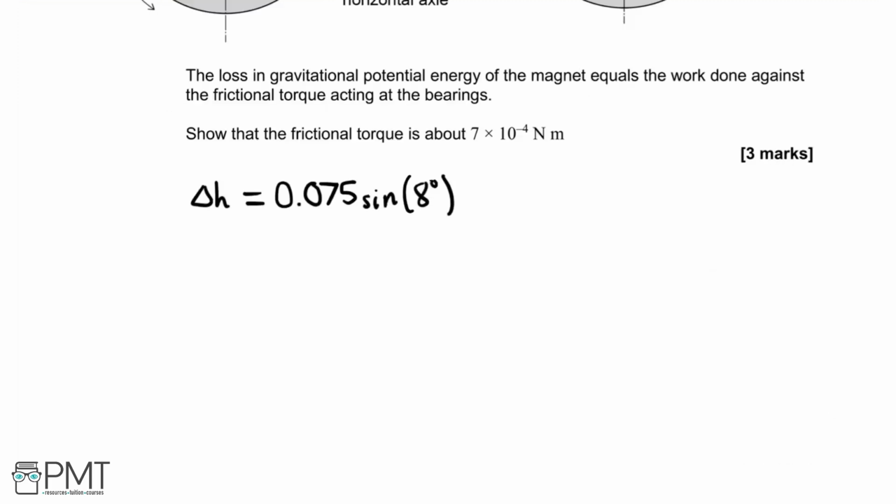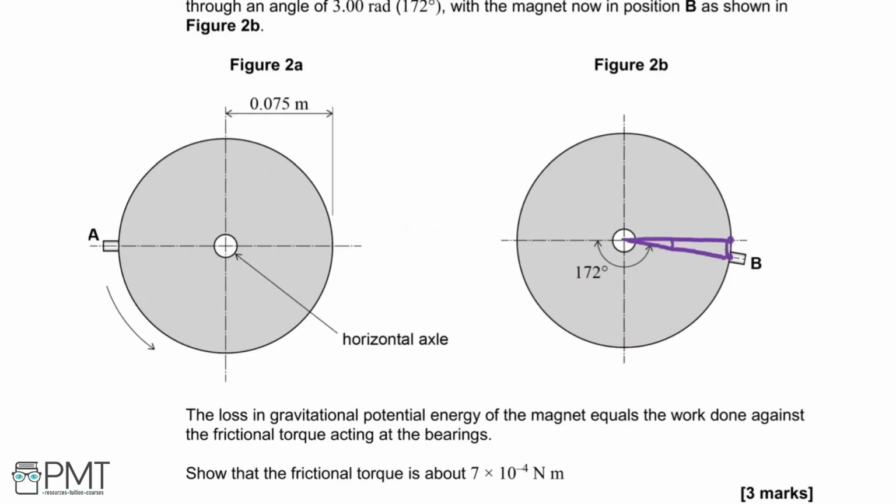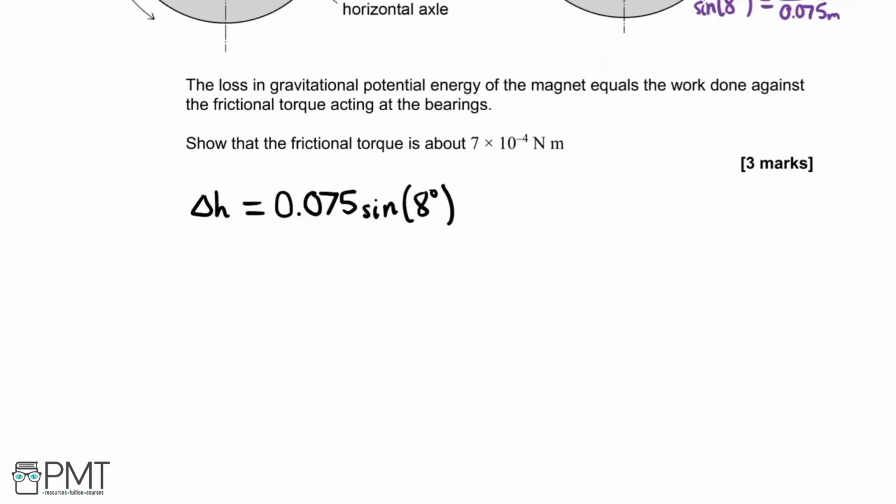So I've written 0.075 sine of 8 degrees, and that's because this triangle has a hypotenuse of length 0.075 meters and an opposite length of delta H. So we're going to say that sine of that 8 degrees is equal to delta H over 0.075. So that's where that comes from. So we end up with a value for delta H of 1.04 times 10 to the minus 2 meters.